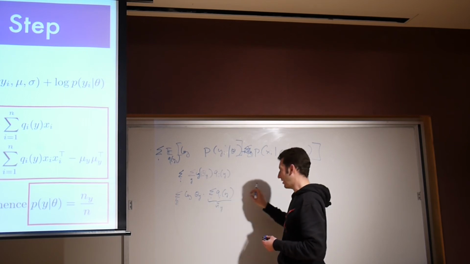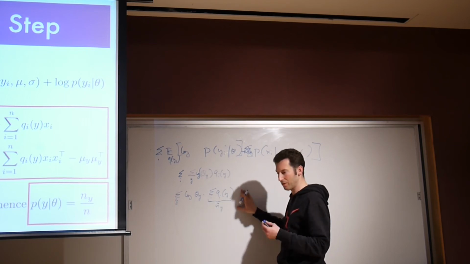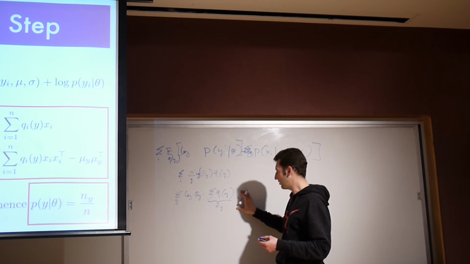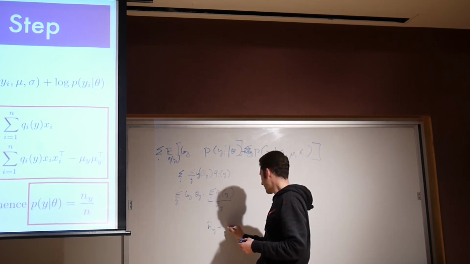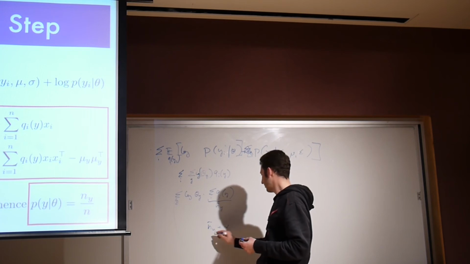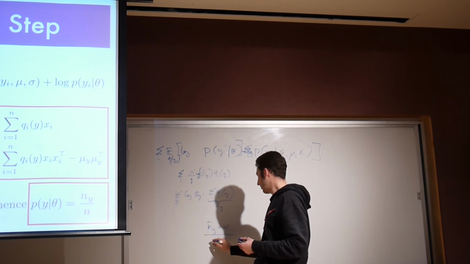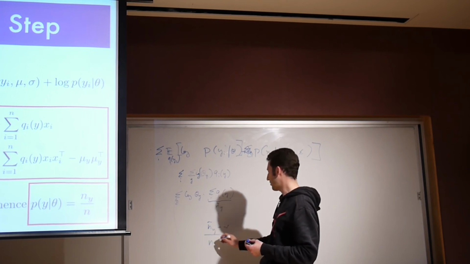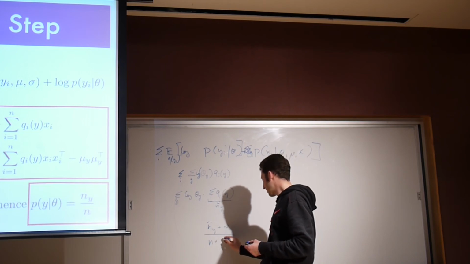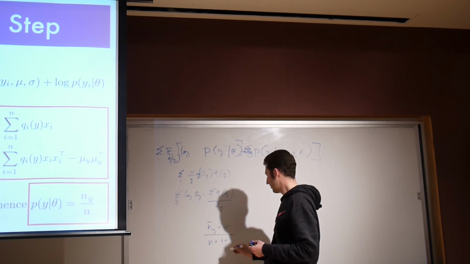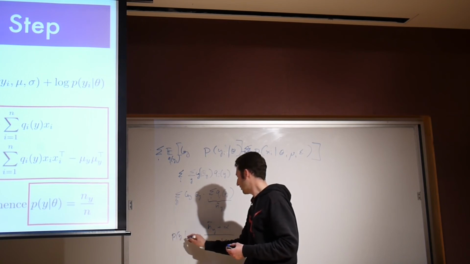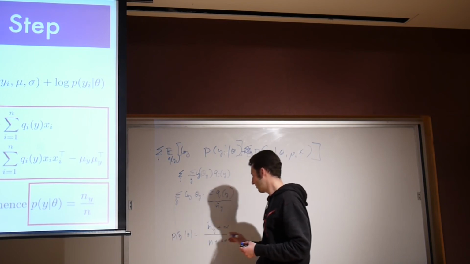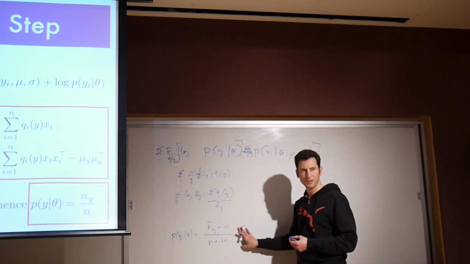Now, if I wanted to do a Dirichlet smoother, I would use n tilde y plus some coefficient alpha, divided by n, which is the total number of observations, plus k times alpha. And this would be then the estimate of p of y. That's what we get here.